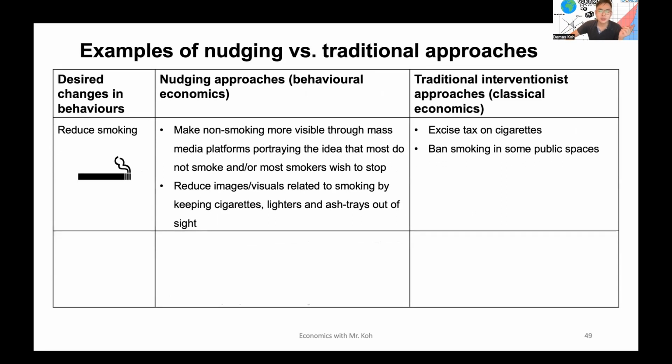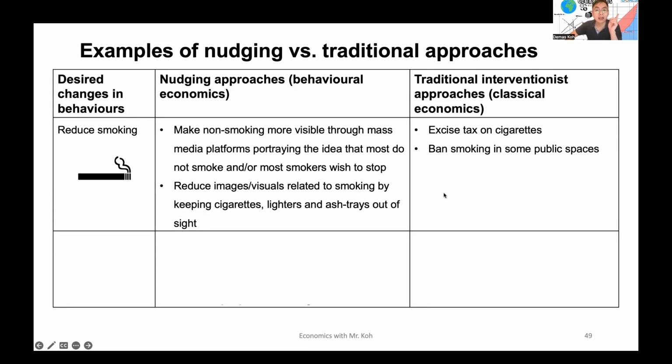So as you can see, in the reduction of smoking, a nudging approach in behavioral economics would be to make non-smoking more visible through mass media platforms. For example, conveying the message that most smokers wish to stop, or the reduction of visuals that might be related to the act of smoking, such as by keeping cigarettes, lighters, and ashtrays out of sight.